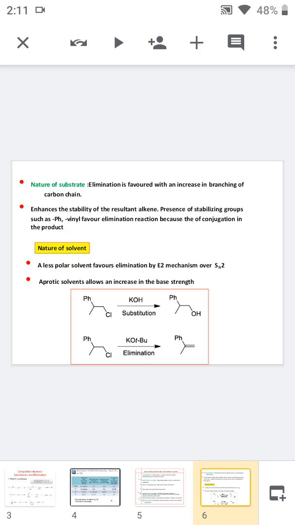But in the second case, KOEt, tertiary butyl, is the base, in which the elimination will occur. So these are the differences due to the bulkiness of the base. In the case of a bulkier base, we will prefer elimination over substitution.